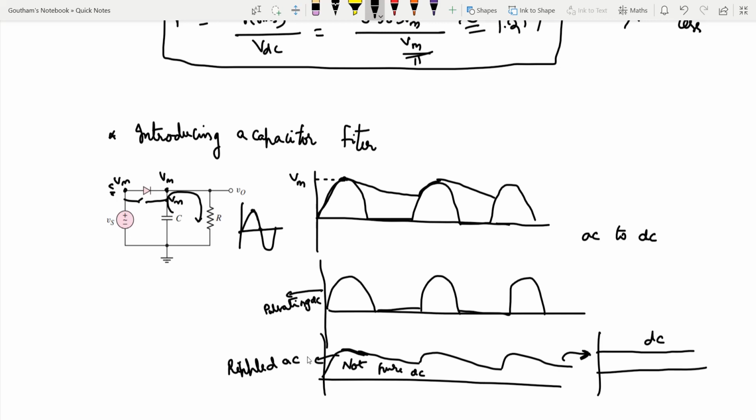That is how the half wave rectifier with a capacitor gives us a near DC signal. It is nearly DC but not exactly; it is almost there, but it still has some ripples. That is how our half wave rectifier tries to convert an AC signal to a DC signal.